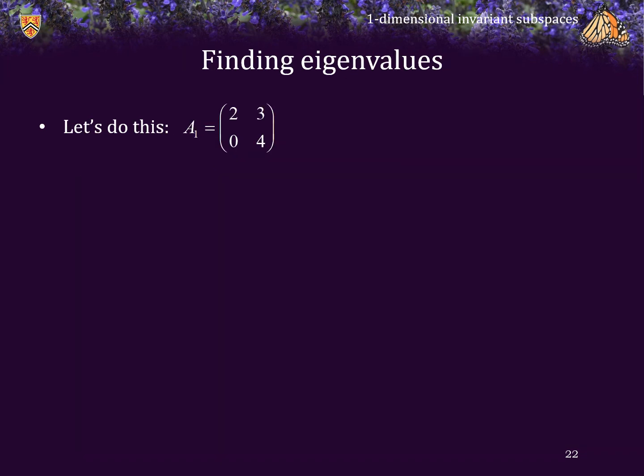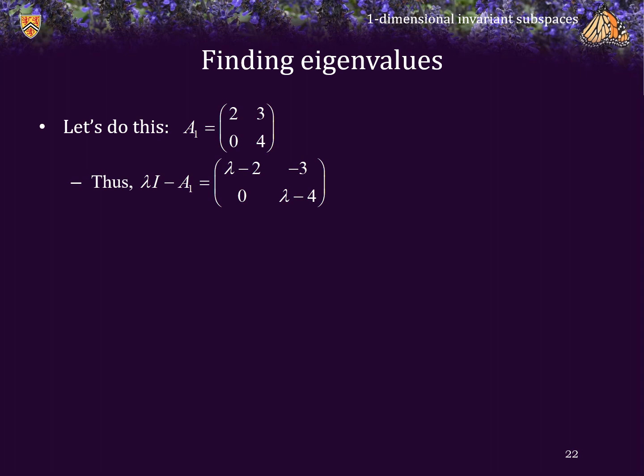Let's try this out. Here we have the matrix A1 equaling 2, 3, 0, 4. Thus, lambda times I minus this matrix is simply the matrix lambda minus 2, negative 3, 0, lambda minus 4.